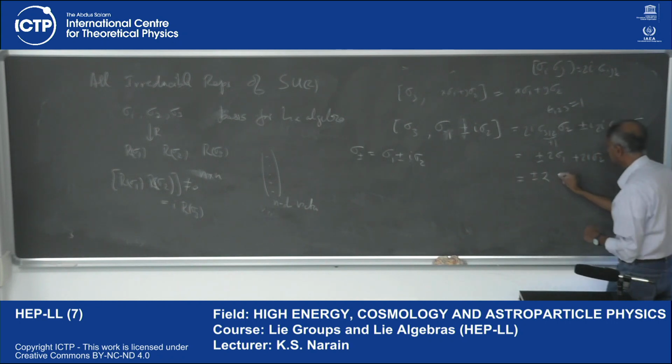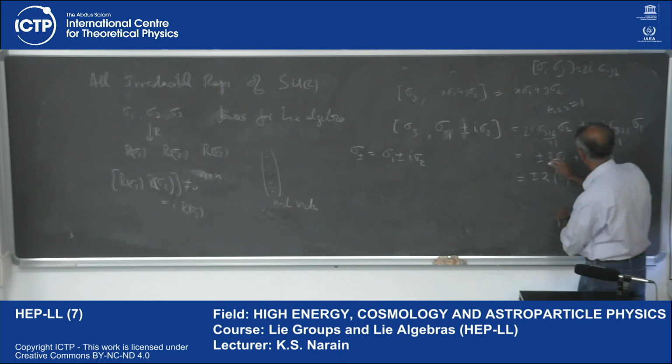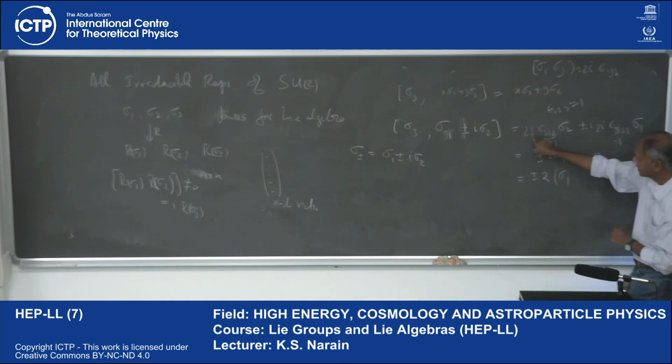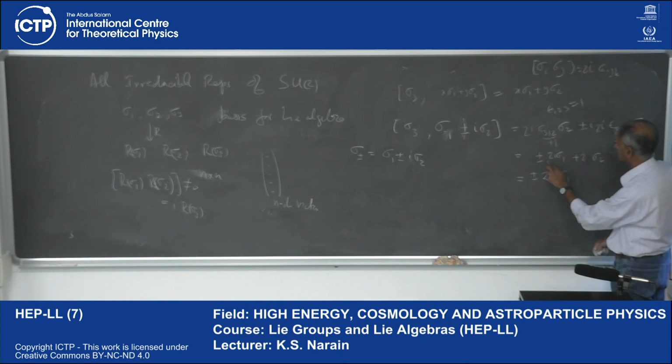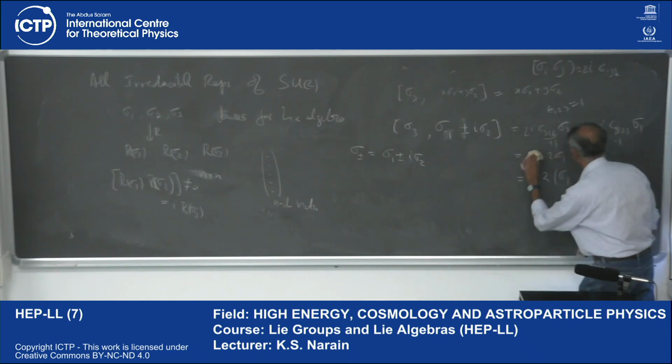I take out common factor sigma 1, and then there's a 2i, and here i squared is 1. Sorry, I made a mistake. Let's go again. This is plus 1. So this term is plus.